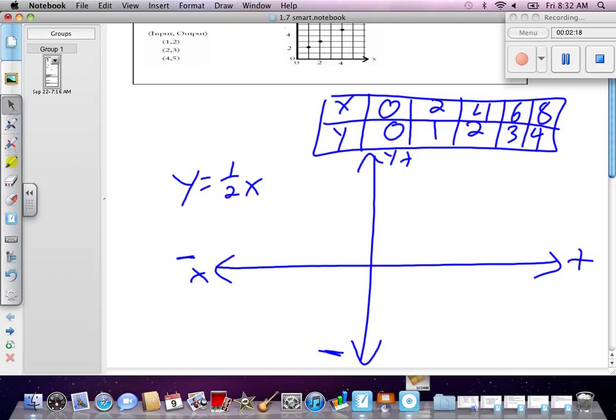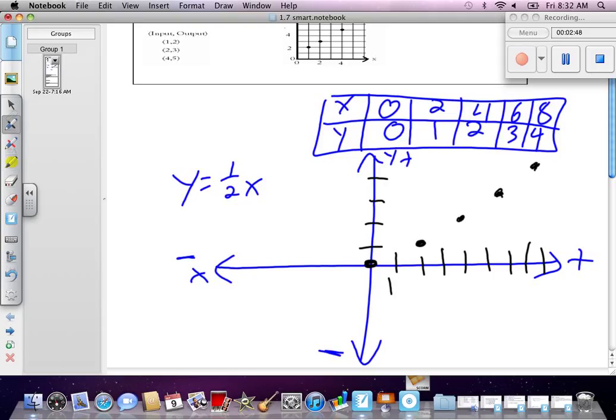When we have 0, we go over 0. We have 2, we go up 1. We have 4, we go up 2. We have 6, we go up 3. We have 8, we go up 4.